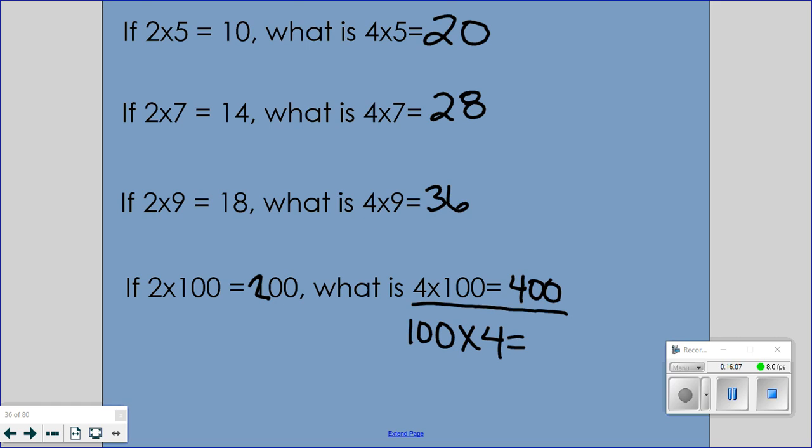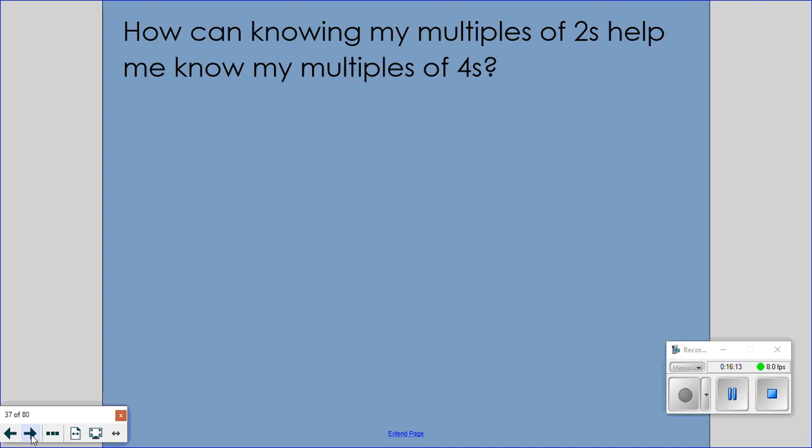Let's revisit the question we started with. If you're on a different page, turn back to that very first question we wrote down. Go up to that little section where we've got some space. It says, how can knowing my multiples, skip counts, of 2's help me know my multiples of 4? We just learned a strategy.